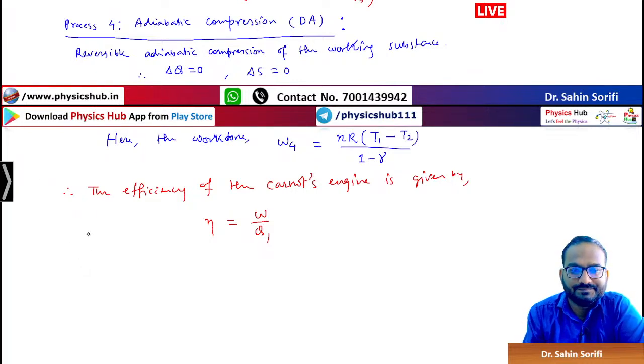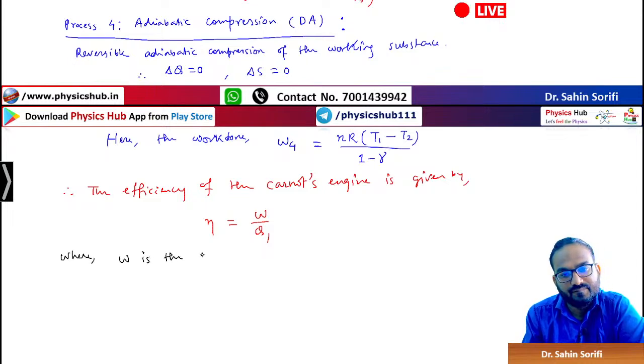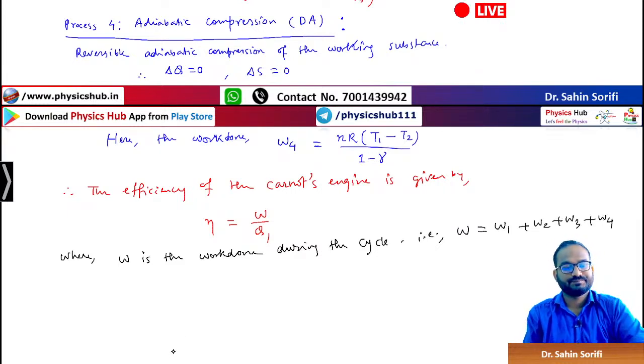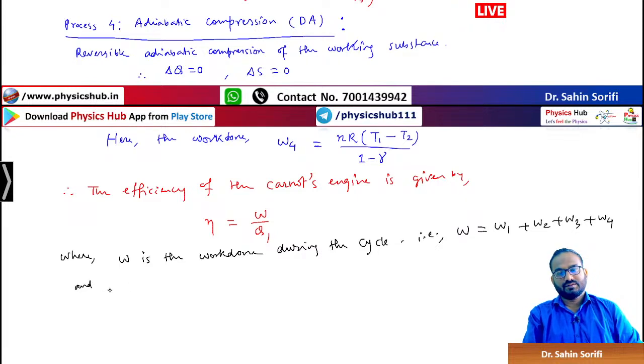What is W here? W is the work done during the cycle. That is, W is equal to the sum of W1, W2, W3 and W4, and Q1 is the heat given to the system.